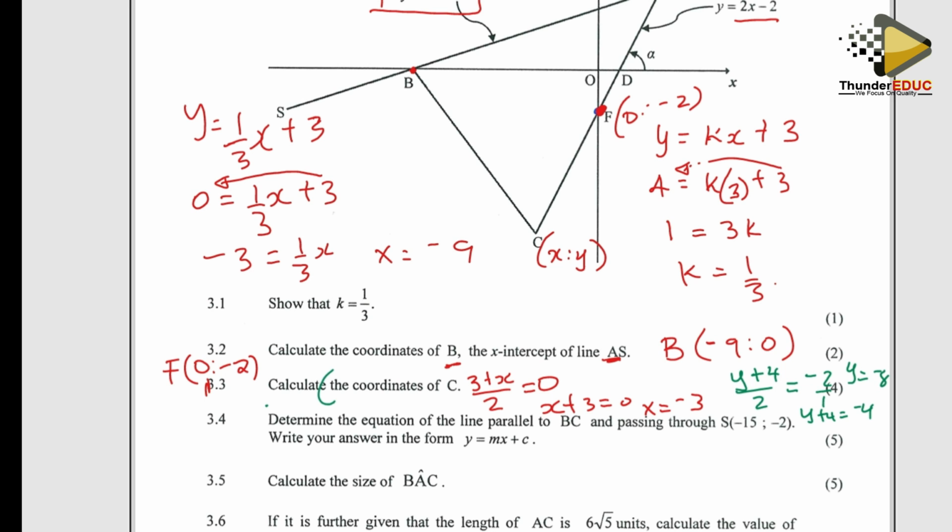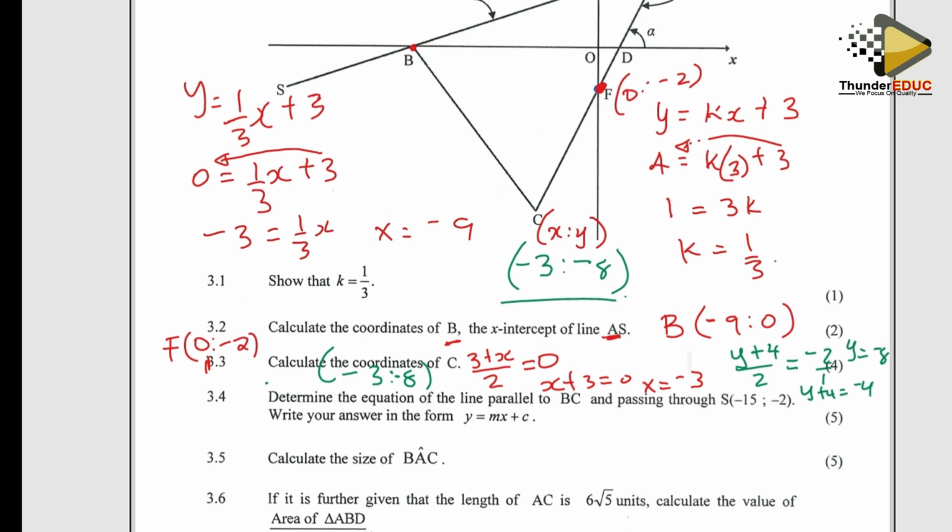So the coordinates of C are negative 3 and negative 8. Is that okay? Why am I having negative 3 and negative 8? Because negative 4 minus 4 is negative 8. So that will be the coordinates of C.